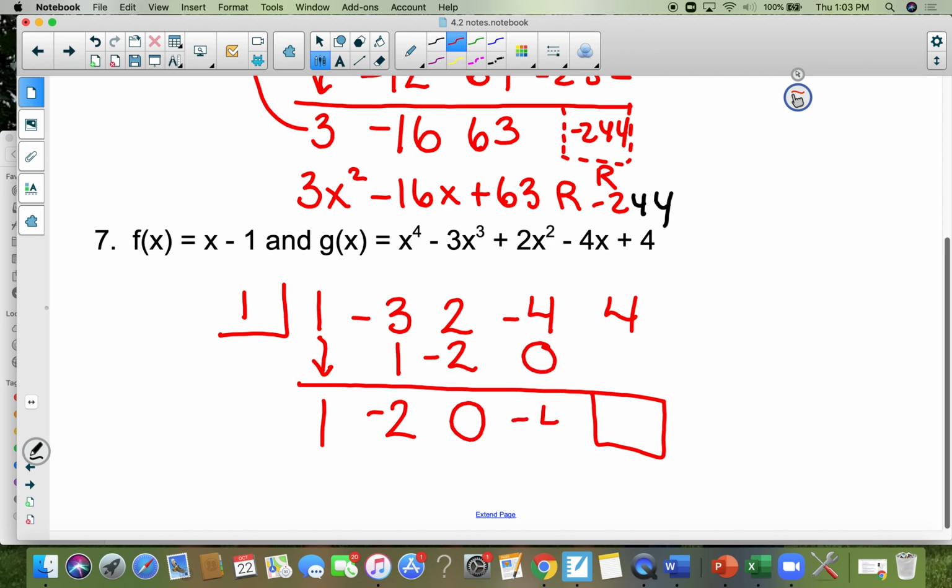Add it up, negative 4. Negative 4 times 1, negative 4. This problem, you have no remainder. They still want you to put it back into polynomial form. It's always 1 less than what you started with. X to the third minus 2x to the second. You don't have to put the 0x in, minus 4. And you are done.